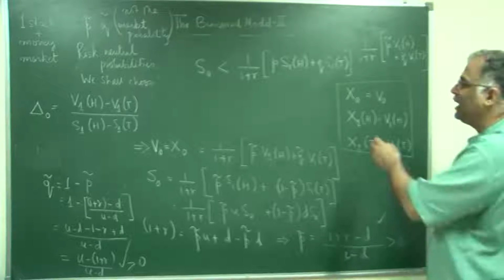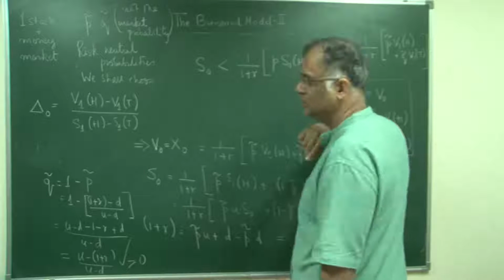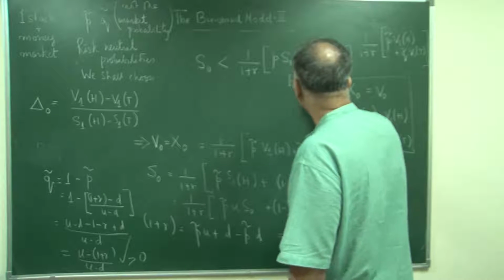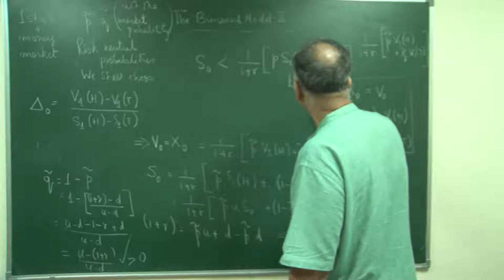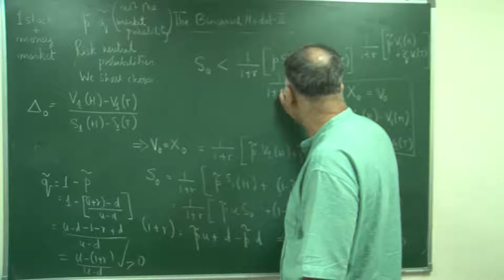The discounted price. So what is this? If you take this P and Q as your probabilities, what is this? It is the expectation of S1, the random variable S1, and you have the discounted expected value.